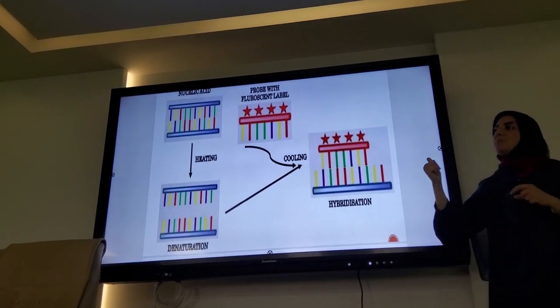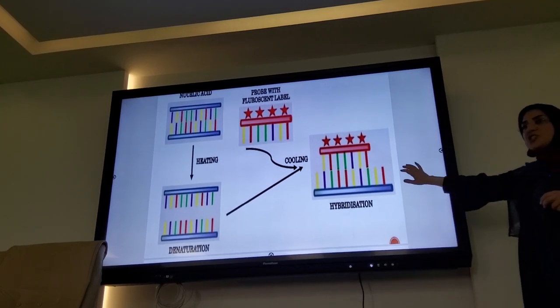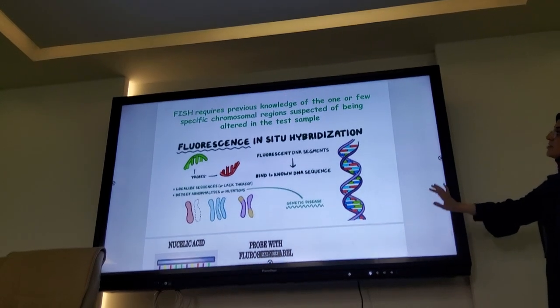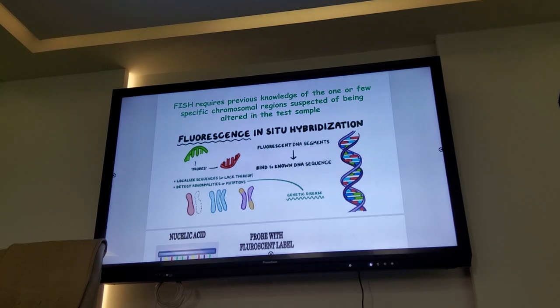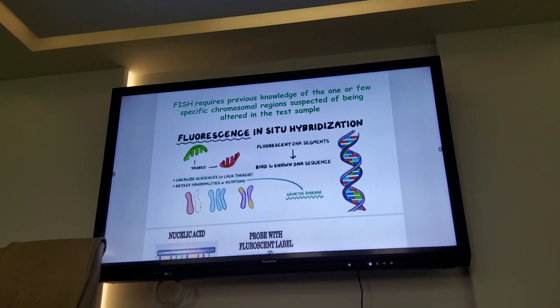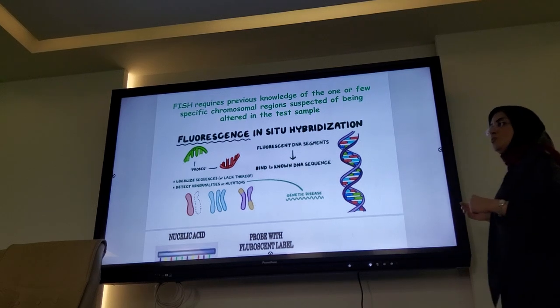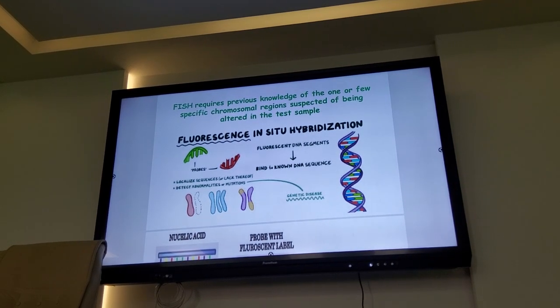Okay? For example, in breast cancer, we use fluorescence in situ hybridization to find the mutation in HER2/neu. HER2/neu is a gene that will cause breast cancers.